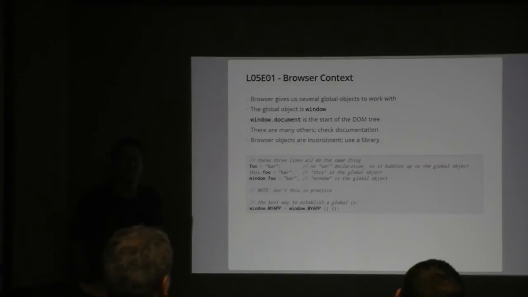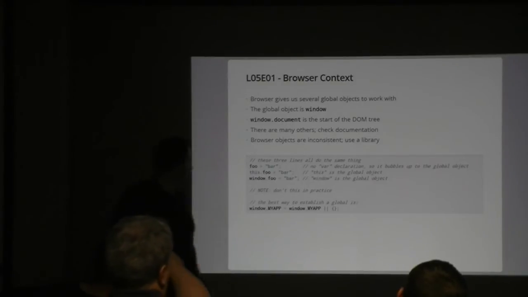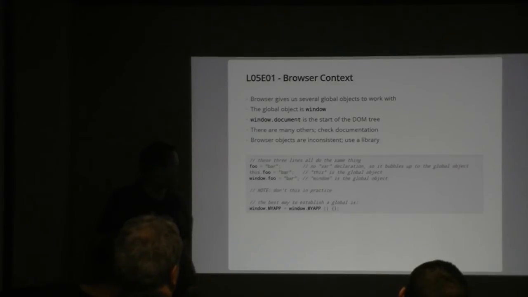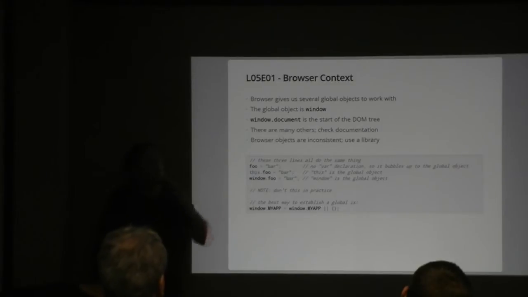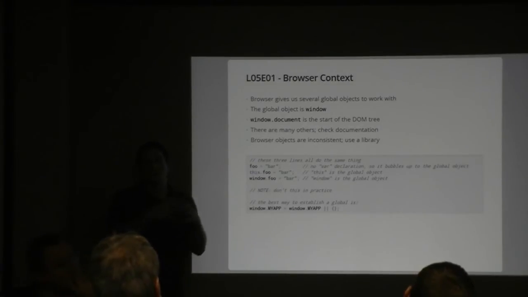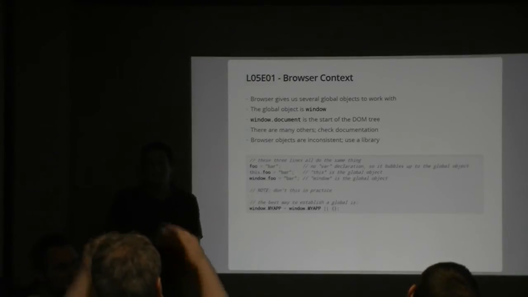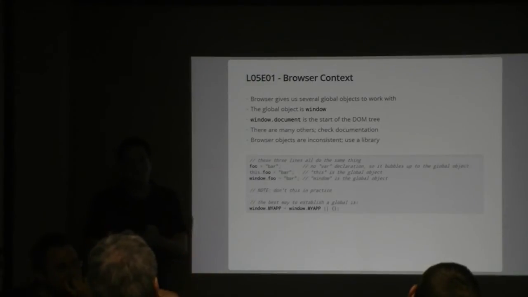I got a question. Yes, sir. What do you say foo equals bar? Yeah. What if you said document equals bar? Then it would put it on document. So you'd stomp on document. Document's an object. And window.document, you've got that already defined. So if you define a variable called document, will that stomp on window.document?